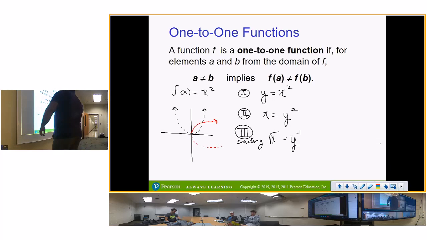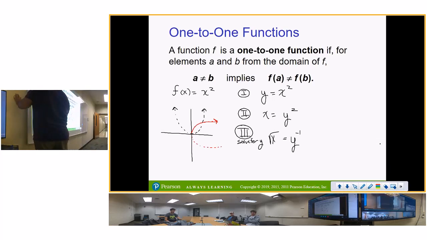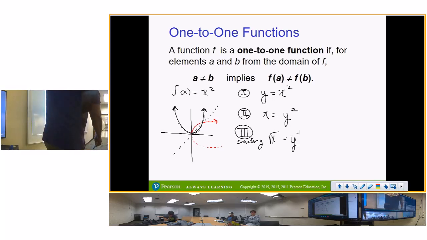You can draw an oblique asymptote right here. You see that the black is the original function and the red is the inverse function. What do you notice about the red and the black right here in the first quadrant? It's symmetrical around the oblique asymptote, or a line, the axis at a 45-degree angle. That's what the inverse function is.